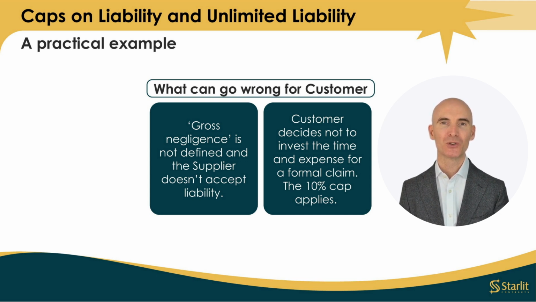Or do they decide not to make a formal claim and see what they can achieve amicably through discussion with the supplier? In this case, since the supplier does not accept liability for gross negligence, the customer decides to accept 10% compensation, up to the liability cap, rather than invest the time and energy needed to pursue a claim through the courts, which might not be successful.